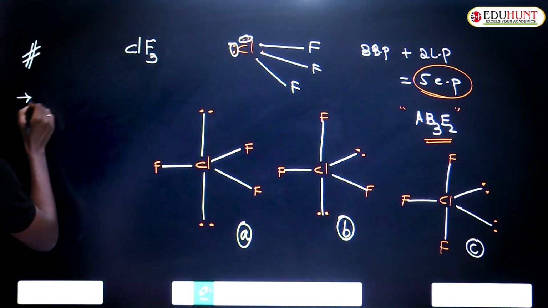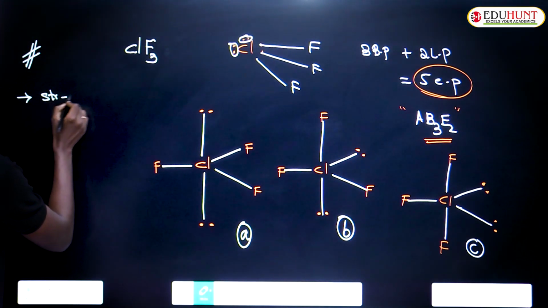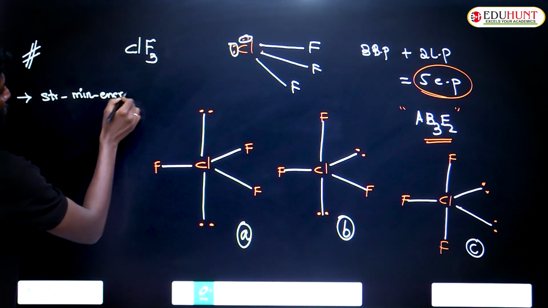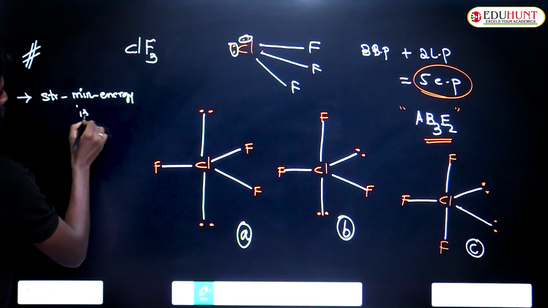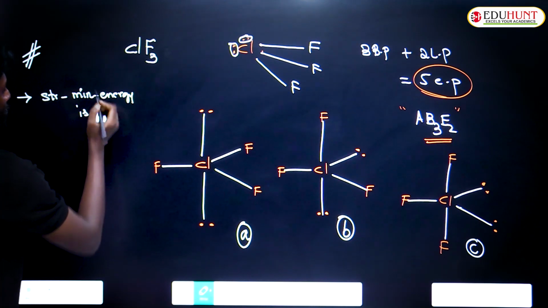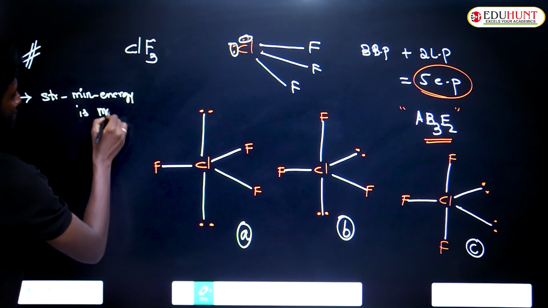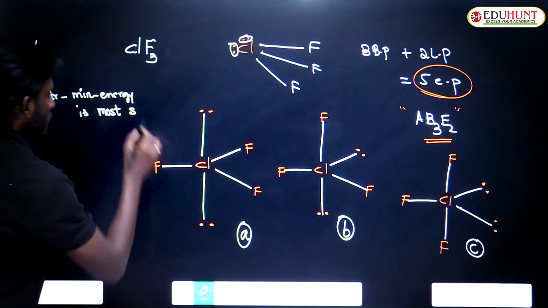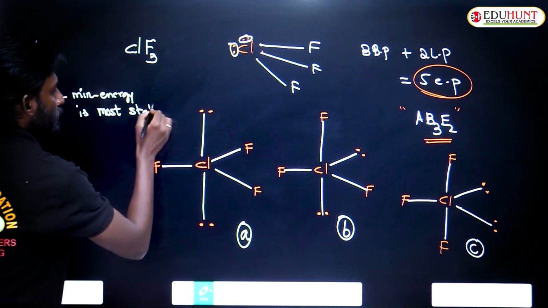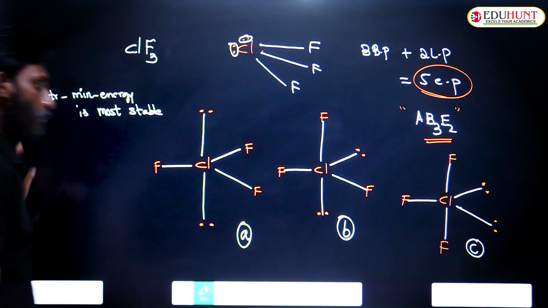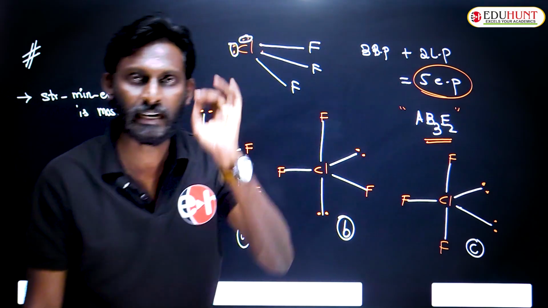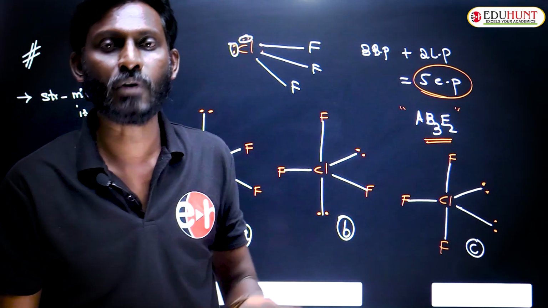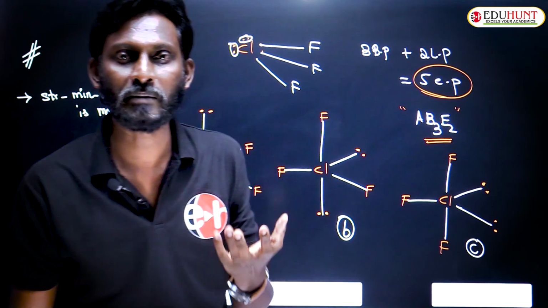I will write here, structure with minimum energy is most stable. Okay, fine, sir. Among these 3 structures, you said that the structure with the minimum energy is most stable. Now you ask, how to determine the energy?